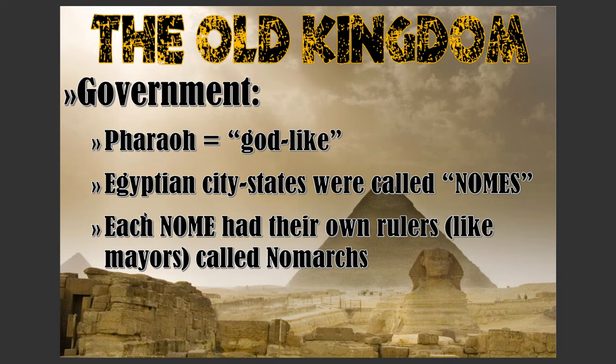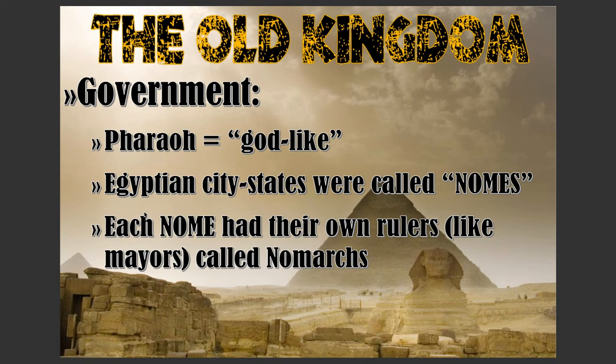The government of the Old Kingdom was different. You had the Pharaoh, who was the ruler of all of Egypt. He was seen as a god. He was treated as a god. The people worshipped him.